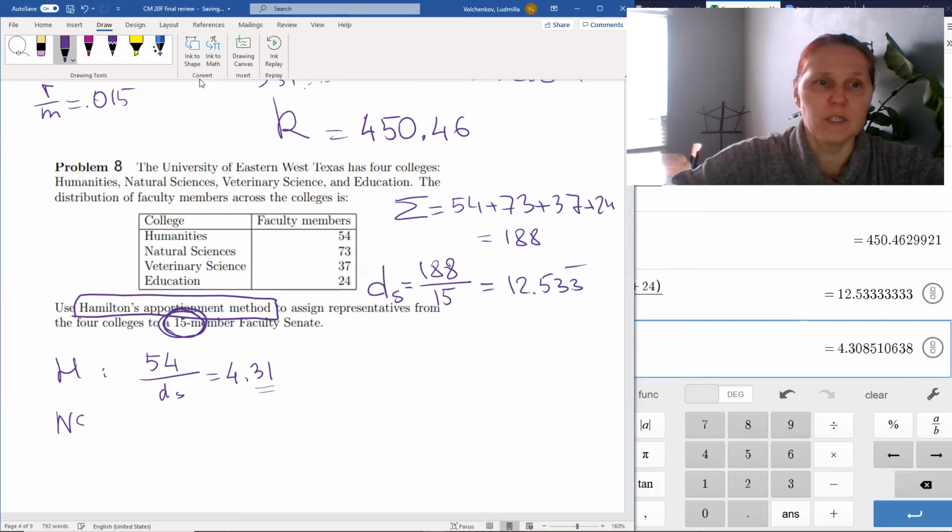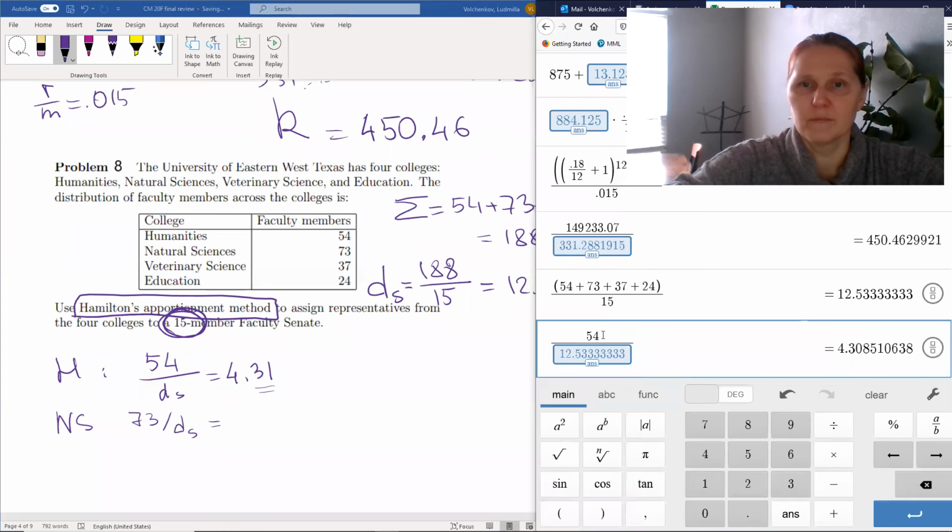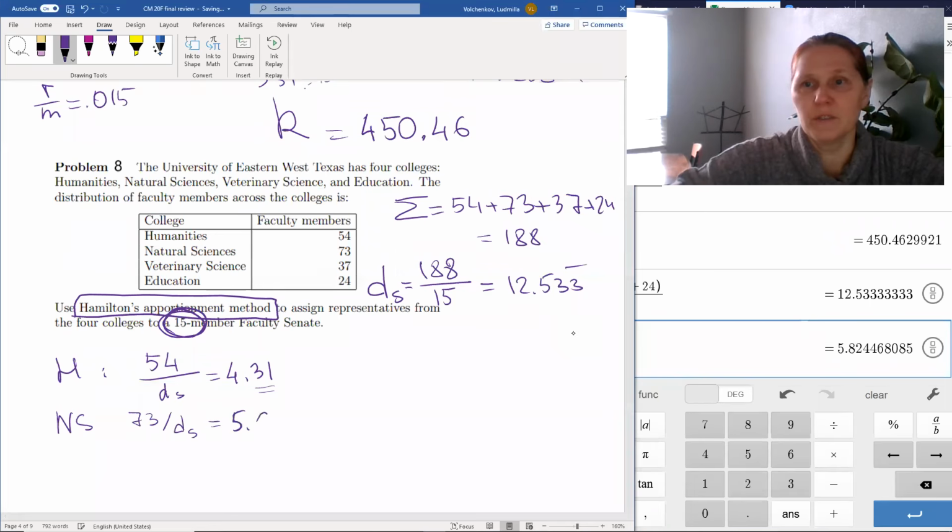For natural sciences, we divide 73 by the standard divisor, and get 5.82.